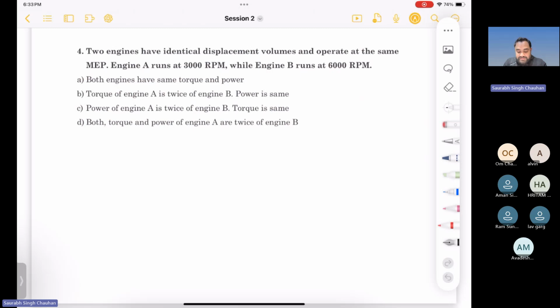Option A says both engines will have the same torque and the same power. Part B says torque of engine A is double the torque of engine B and power is the same. Part C says power of engine A is twice that of engine B and torque is the same. And part D says both torque and power of engine A are twice those of engine B.